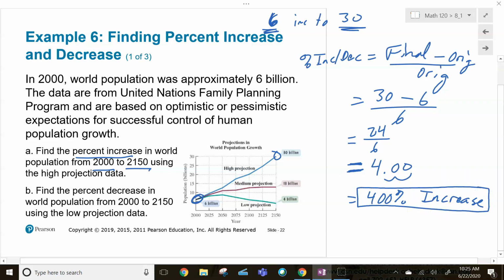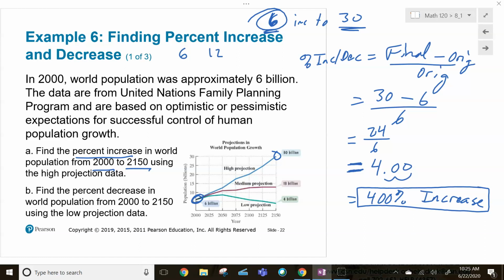Because if you think about this, we're starting at 6 billion. Well, what's 100% of 6 billion? Well, that's 6 billion. So if we would have gone from 6 billion to 12 billion, that's a 100% increase, right? But we didn't. We went a lot more than that.